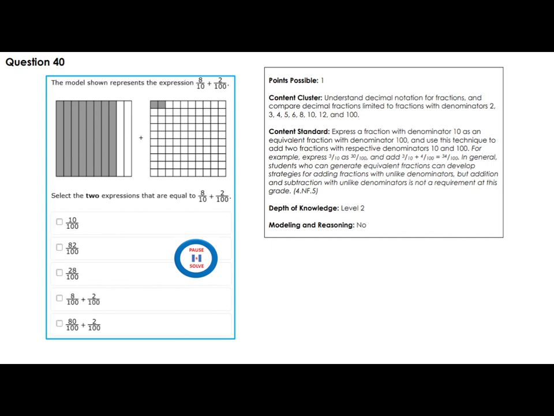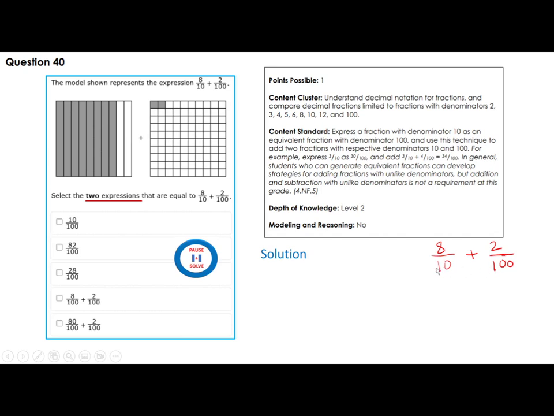The models shown represent the expression 8 over 10 plus 2 over 100. Select 2, again be careful, 2 that are equal to 8 over 10 plus 2 over 100. So 8 over 10 plus 2 over 100. Now, remember, in order to add fractions, you have to have the same denominator.